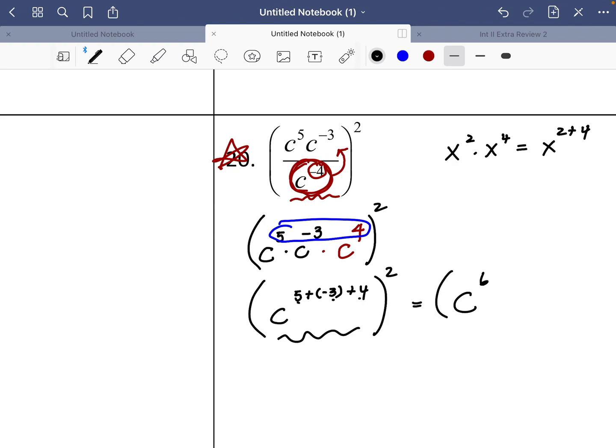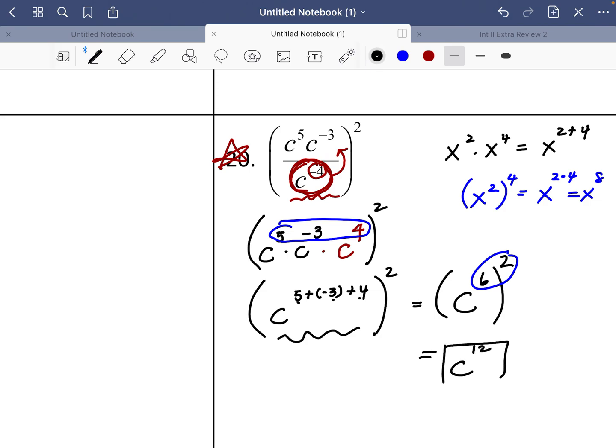I did the inside, raised to the power of 2. Now I can multiply the exponents. It's like having x squared to the 4th. We multiply the exponents. Now this is c to the power of 12.